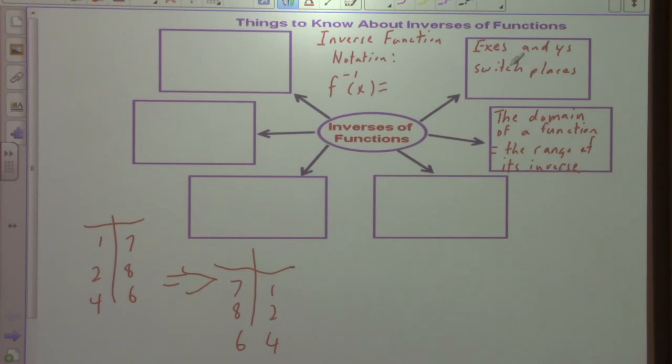But that, if you think about it, goes along with x's and y's switching places, doesn't it? So that's something to know about it.